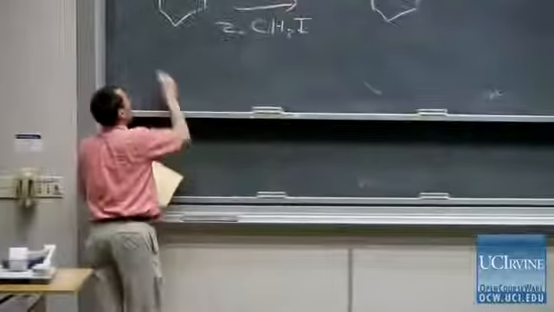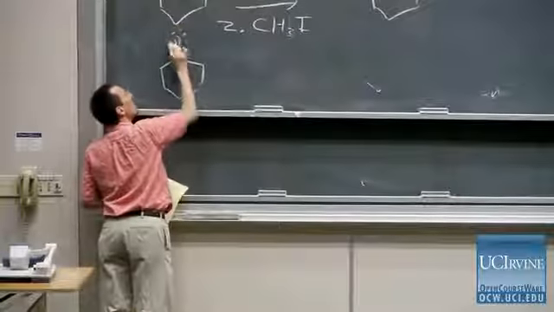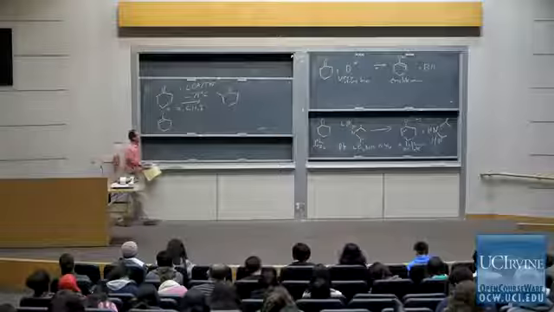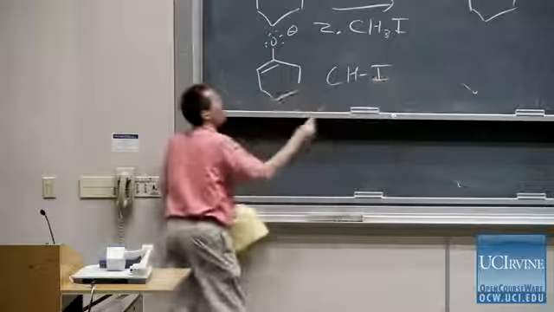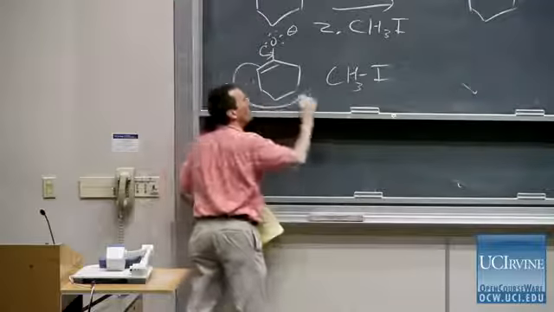What's happening here? Same thing we saw with protons. We've generated our enolate stoichiometrically. Here's our methyl iodide. Whether it's a proton or methyl iodide, we have a good electrophile.